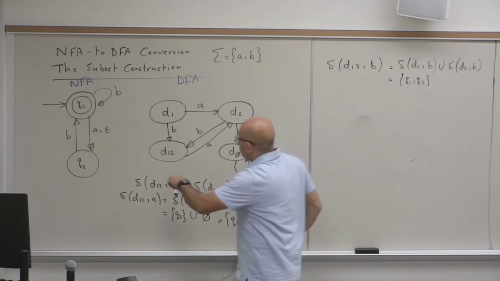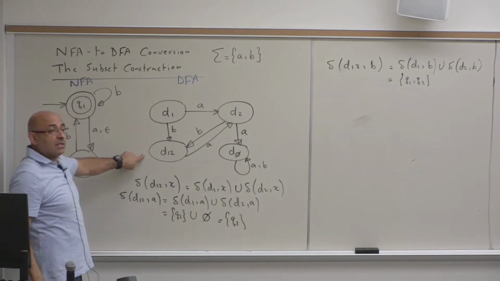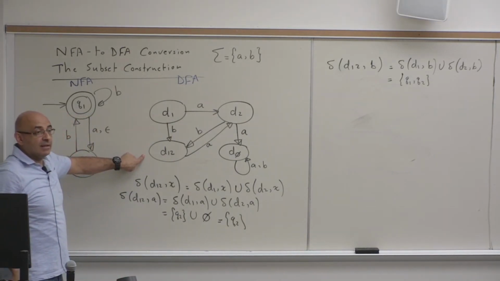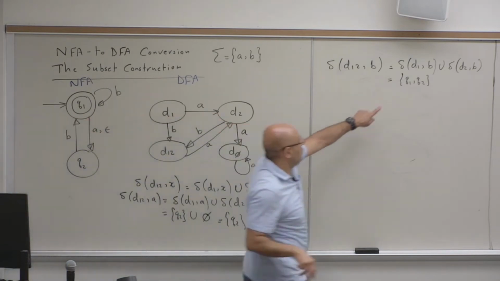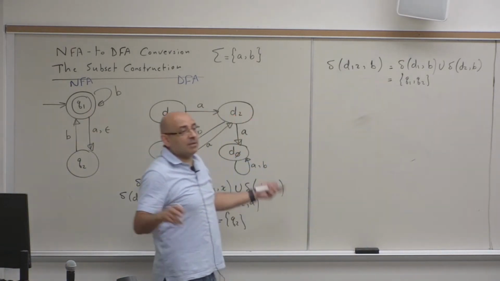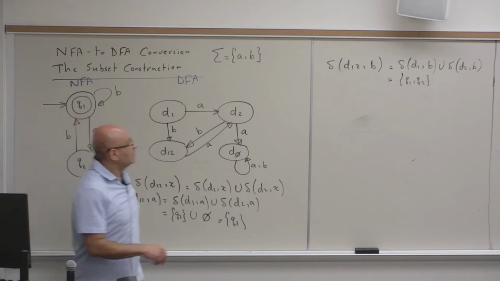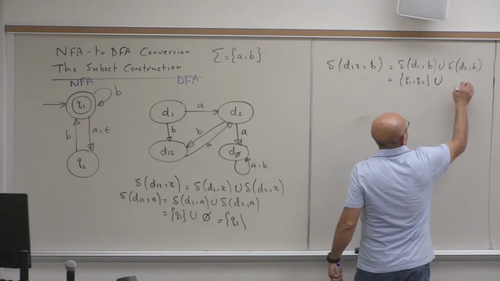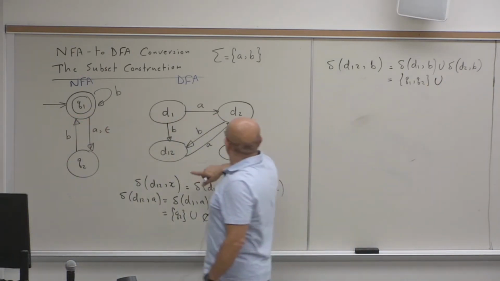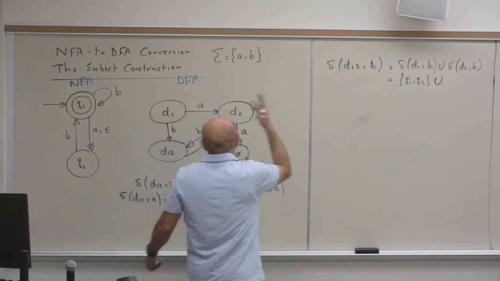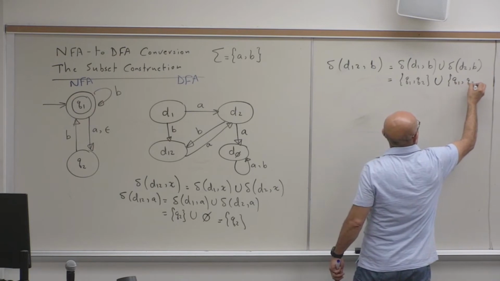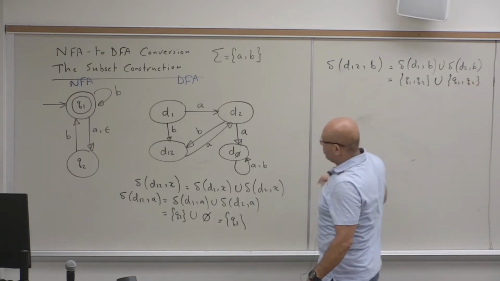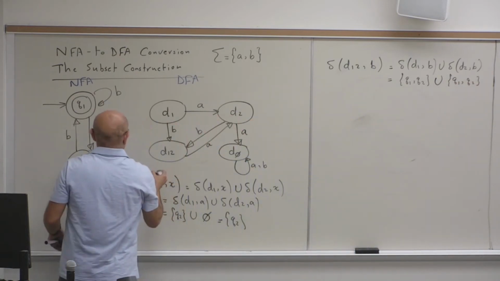So Q12 already takes you to the state that has all the states in it. So unioning this with anything else is going to give Q12. There isn't anything to add. D2 and B again is going to go to the same state, so D12 and B is going to keep you in D12.